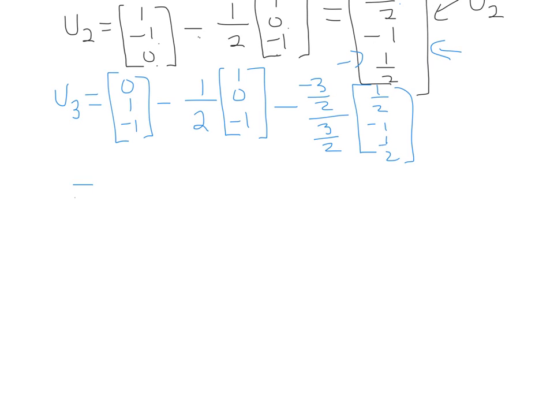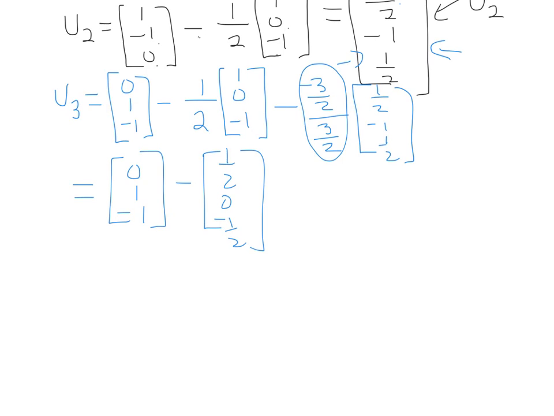We get 0, 1, minus 1. Then we get minus 1/2, 0, minus 1/2. Then we get, this whole thing here is minus 1, right? So it's really minus times minus 1s, which is really like plus 1 times 1/2 times minus 1 times 1/2.